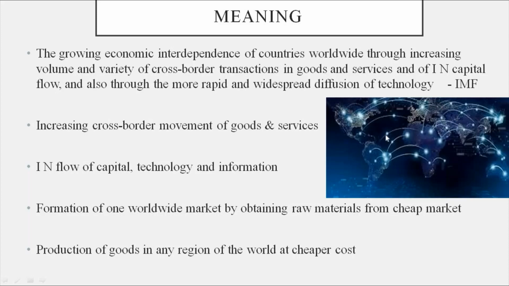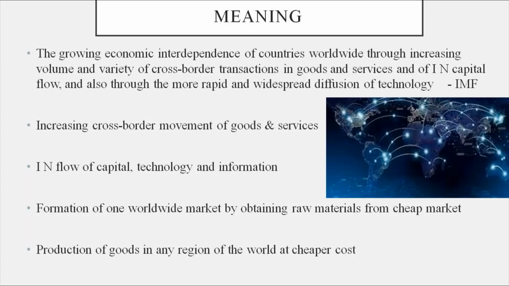So globe means the world. Here in the picture you can see it is interlinked. The growing economic interdependence means the countries are depending on each other. This increasing economic interdependence is between countries everywhere throughout the world.